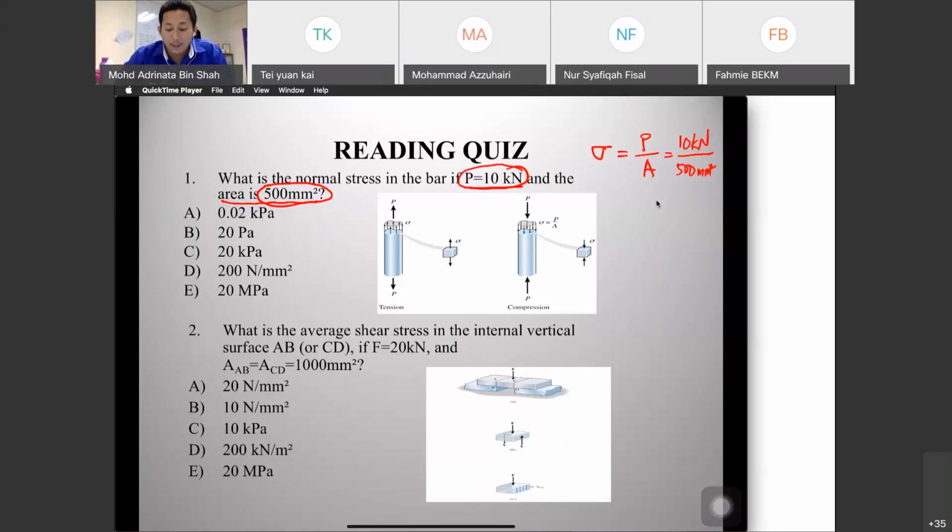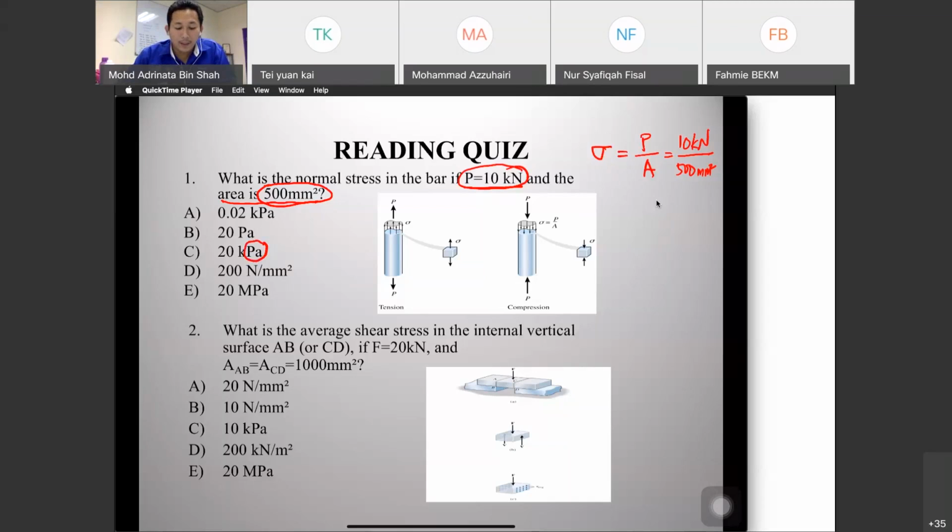C. Okay, semua jawab C. C adalah 20 kilopascal. Macam mana datang pascal? Okay. Apa unit pascal?